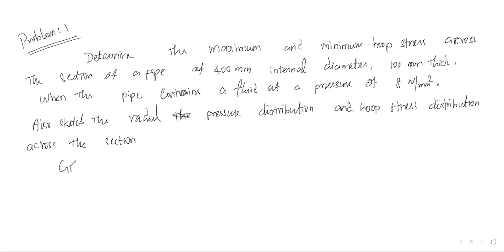Now the given data. So maximum and minimum hoop stress we have to find out. The given data is the section of pipe, 400 internal diameter.